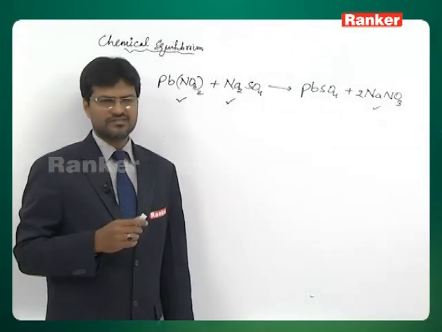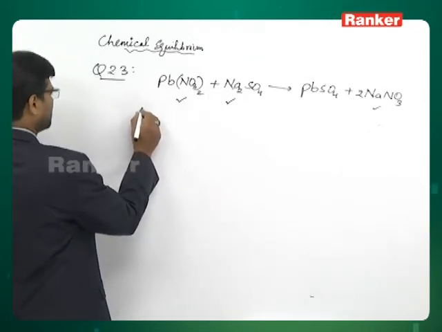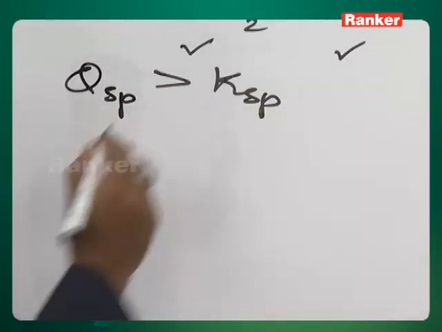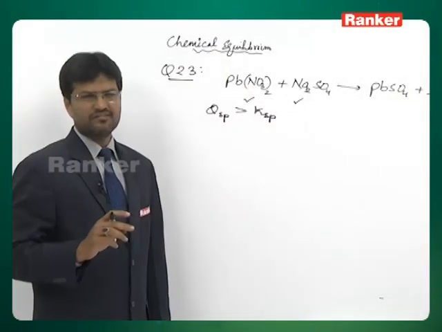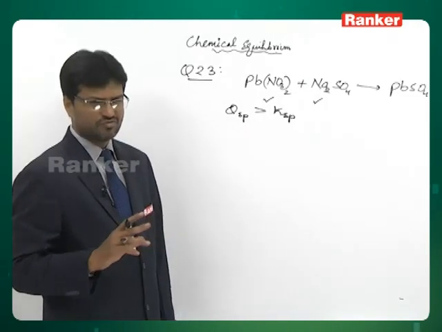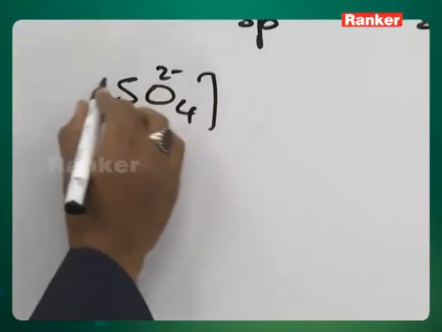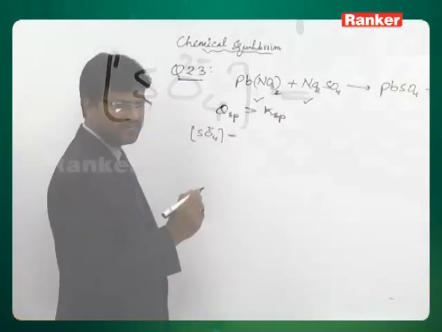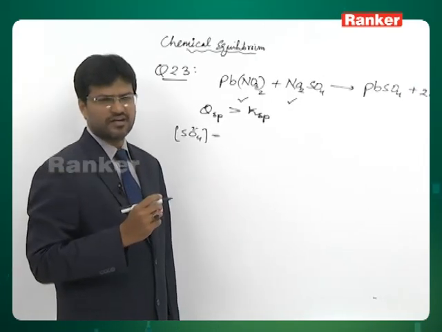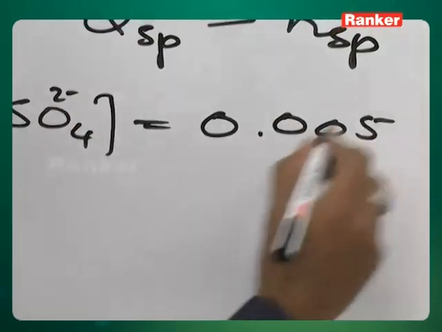What you need to do is verify this. This is the condition which is to be satisfied: Qsp should exceed Ksp. So whatever concentrations are given, from that you can find out Qsp and compare it with Ksp. Let's do it. Concentration of sulfate after mixing: before mixing it is 0.01, after mixing it will become 0.005, because the volume becomes double.